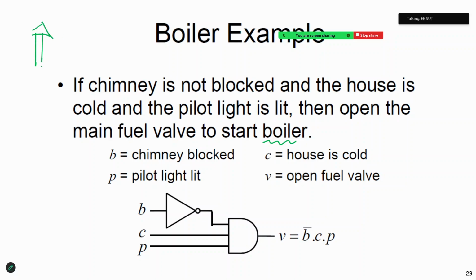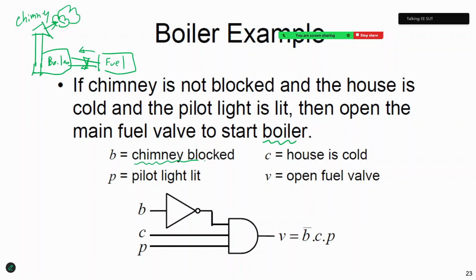So when you boil something, we have the chimney to put the smoke out, right? We turn on the boiler by opening a valve to feed the fuel, but it usually only turns on if the chimney is not blocked.